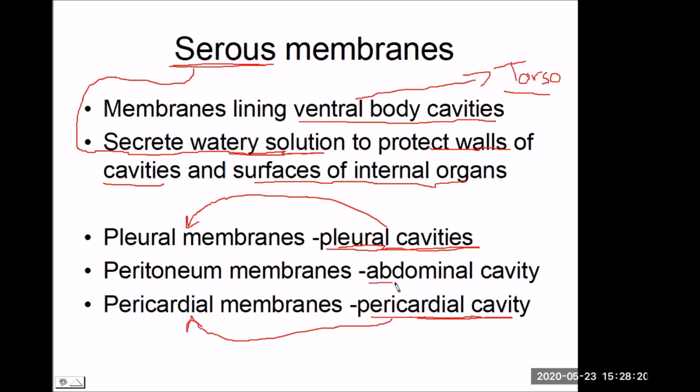However, in the abdominal region of our torso, we have what's known as the peritoneum. And that's one way to say it, the peritoneum or the peritoneal membrane. And again, we'll describe this in more detail in the first lab activity.